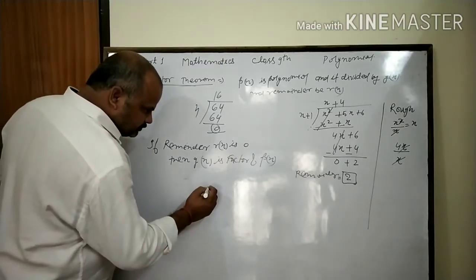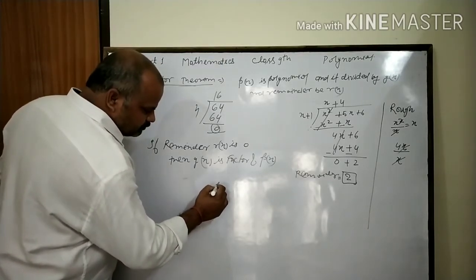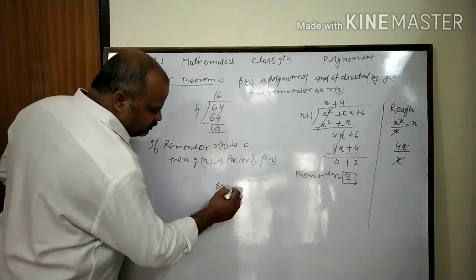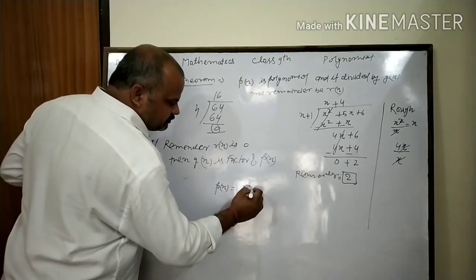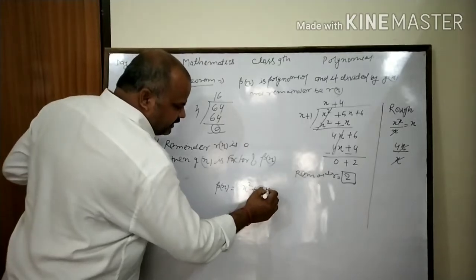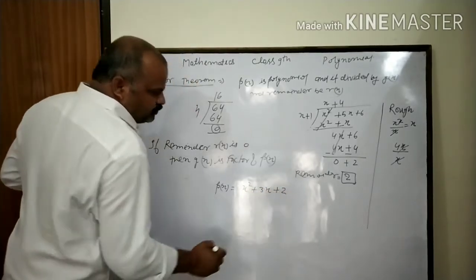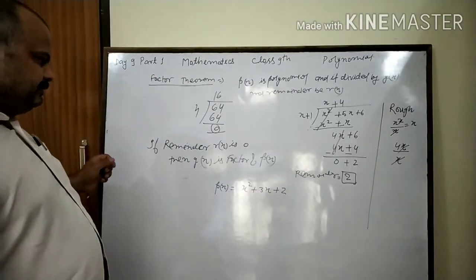Suppose p(x) is equal to x square plus 3x plus 2. Clear?